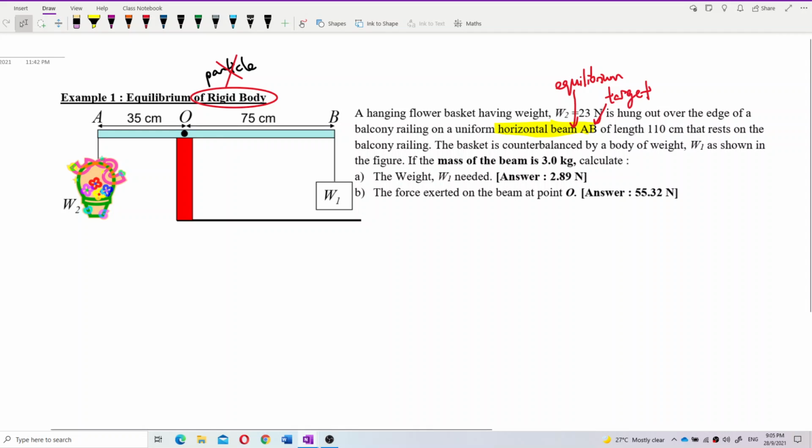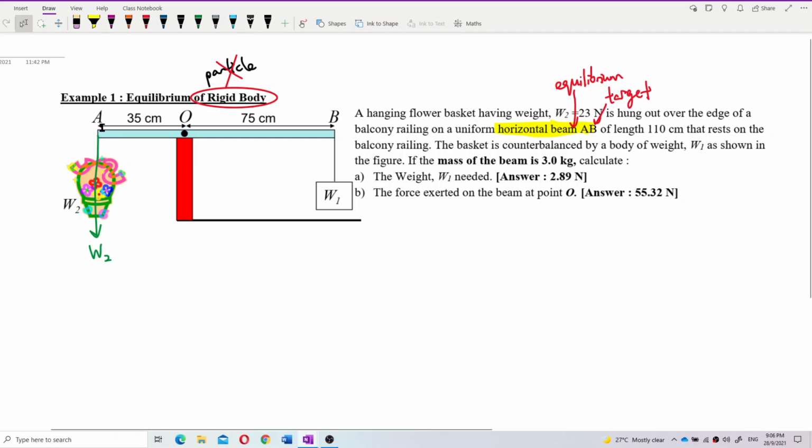So now, first of all, identify what are the forces acting on the beam. So we just roughly draw. First of all, he said that the flower basket has a weight W2. So we can say for this beam, it has a force going downward here, which is W2.